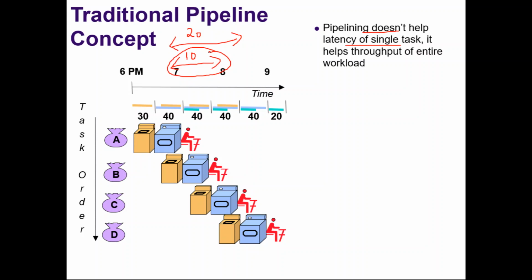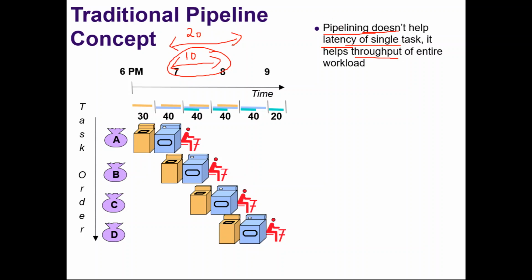Latency is the time duration between job submission and job completion, or the elapsed time between submission and completion. But you should understand thoroughly, pipelining is not improving the latency, but it helps to improve the throughput. Latency is the time duration required for one job. So pipelining is not helping us to improve the latency.